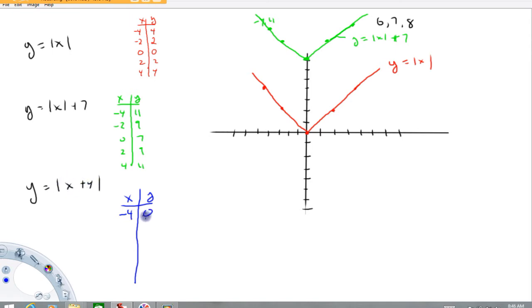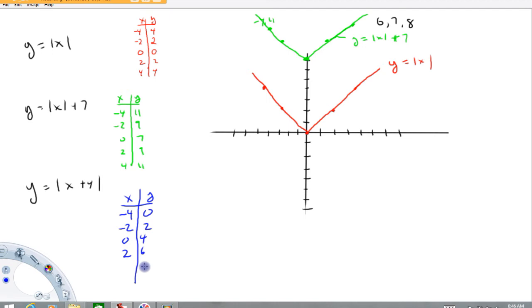Absolute valued is 0. -2 plus 4 is 2. Absolute valued is 2. So -2, 2. 0 plus 4 is 4, absolute valued is 4. 2 plus 4 is 6, absolute valued is 6.